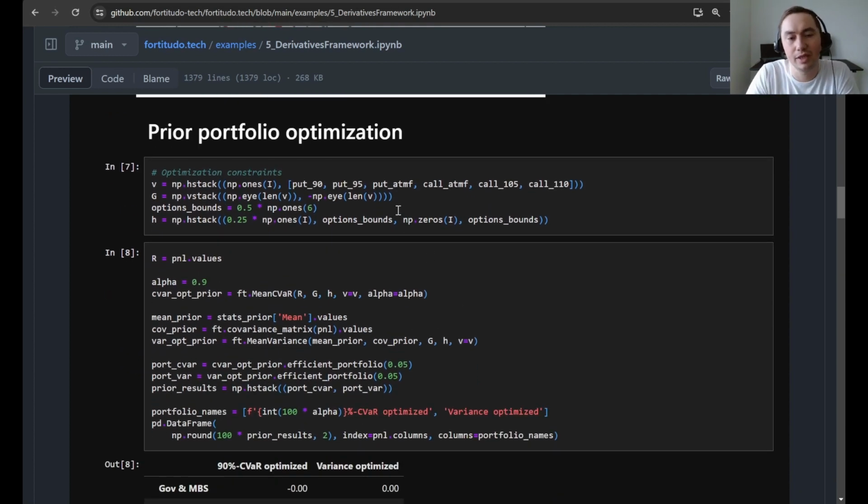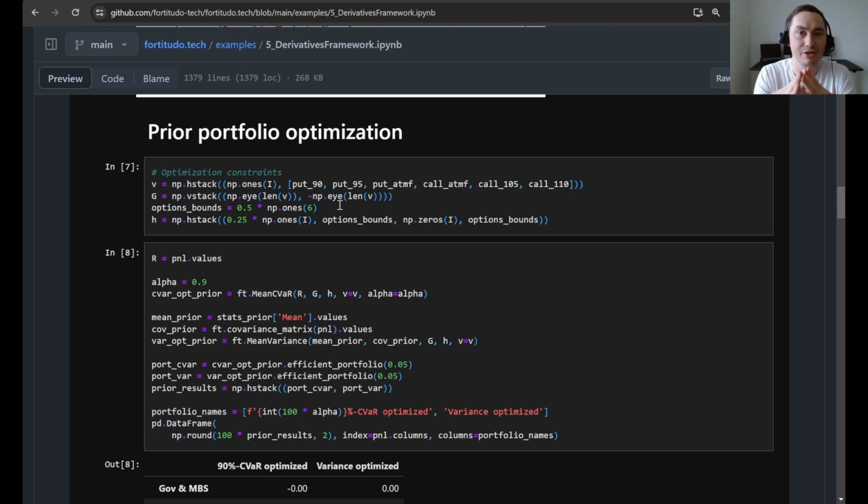So here, when we specify the vector of relative market values, first we add these put and call prices, and the important point here is that we price them with a notional of 1. So then we get this relative market value correctly. And then we add some constraints on the individual exposures.